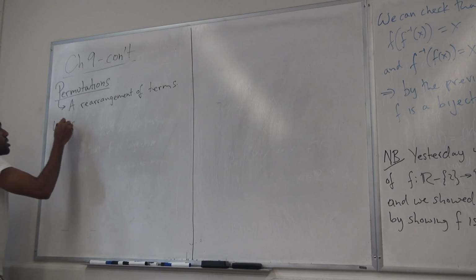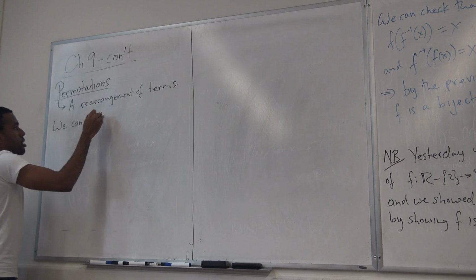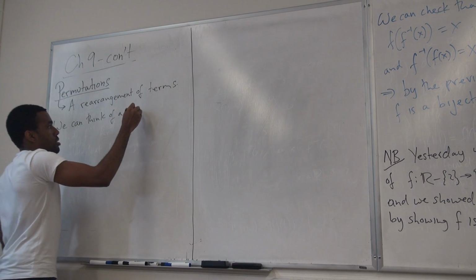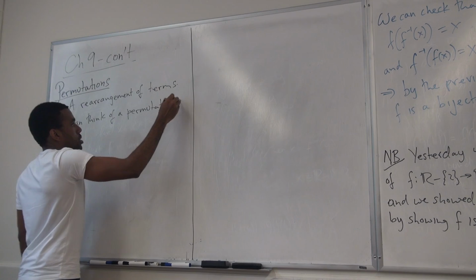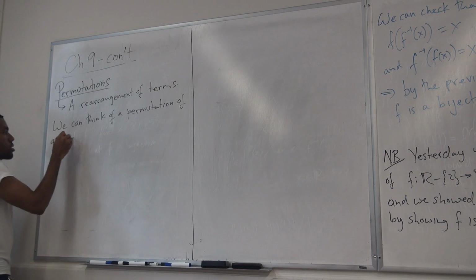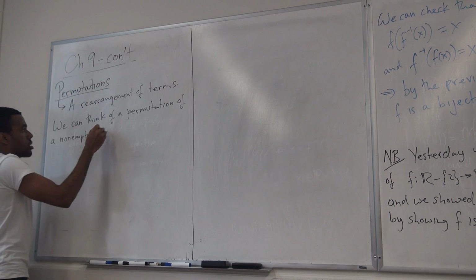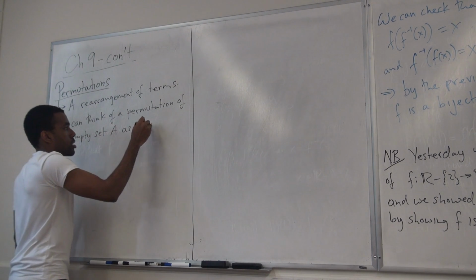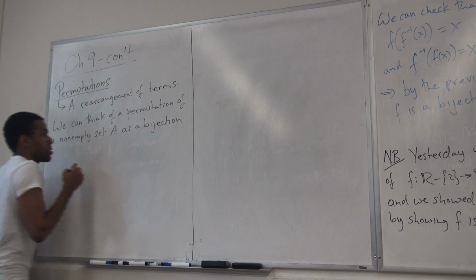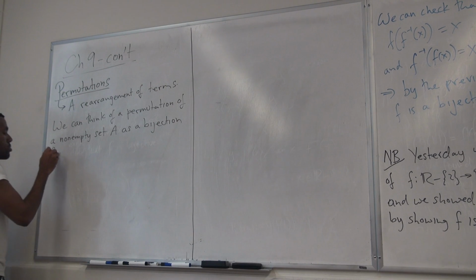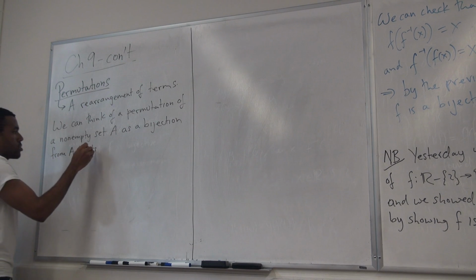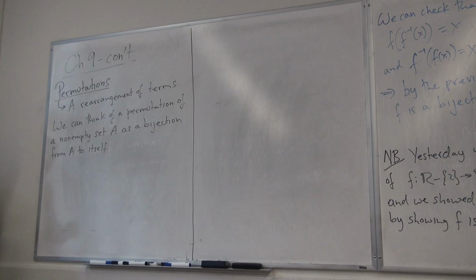So the idea is we can think of a permutation this way. I can arrange A in a certain order, but then I take a function that maps each element to some other element within the same set, and that defines a new order. So I can think of this as a rearrangement.